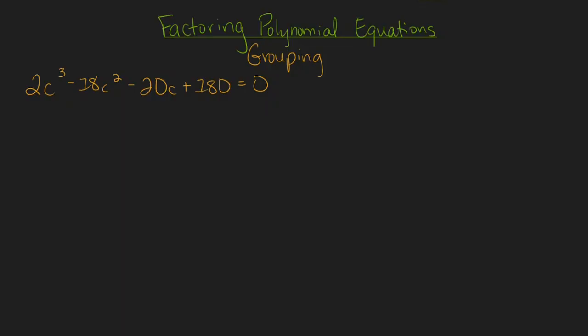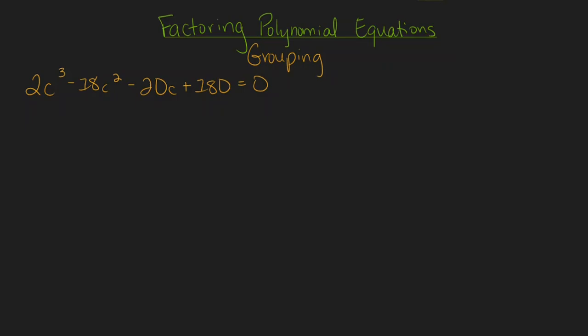We're going to start out with the equation 2c cubed minus 18c squared minus 20c plus 180 equals 0. I know that I'm able to move ahead into my next steps because I have set my equation equal to 0, and as I look through, I see that I do have some greatest common factors I would be able to take out. As I look at all of these values, I see that they are all divisible by 2.